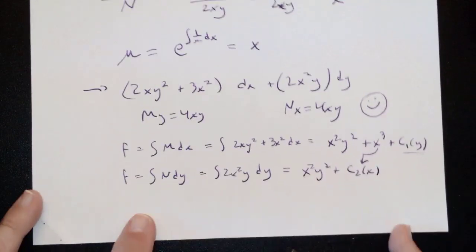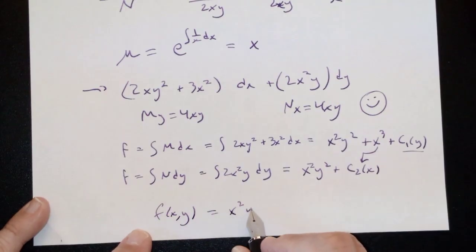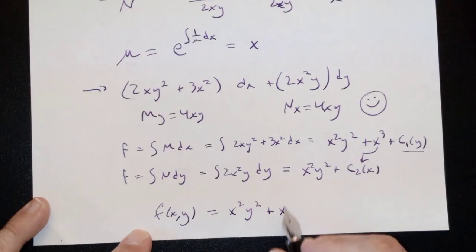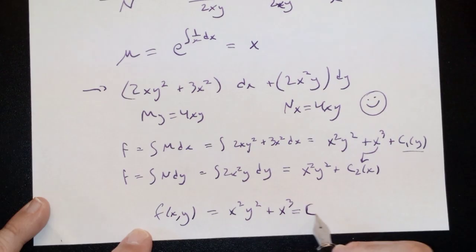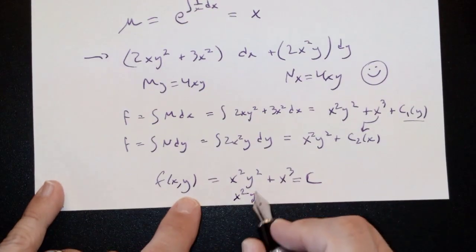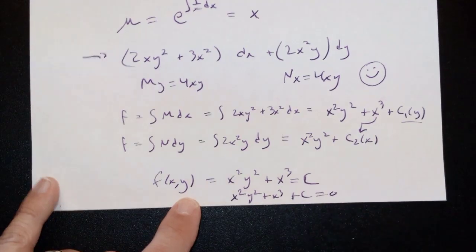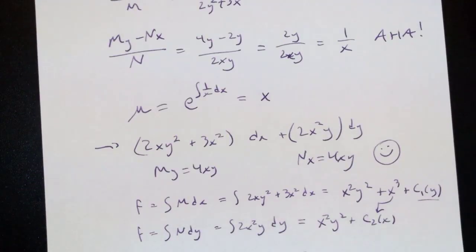So my function f of xy that satisfies our differential equation is x squared y squared plus x cubed plus c equals 0, depending on whether you want to write it explicit or implicit. I don't really care.